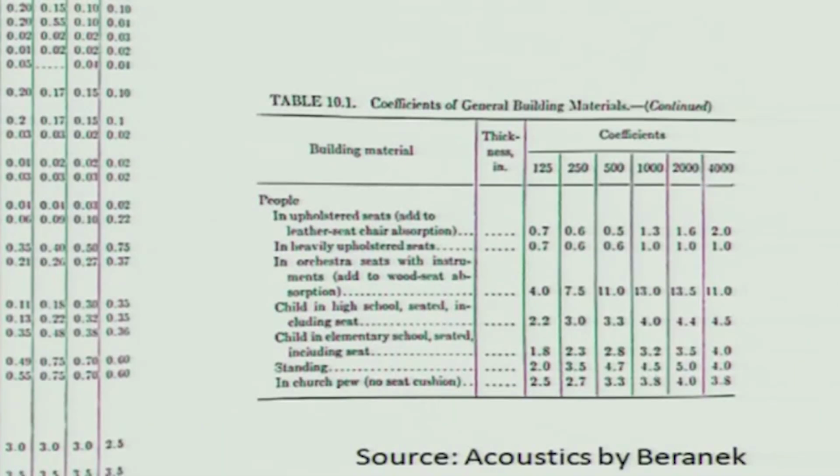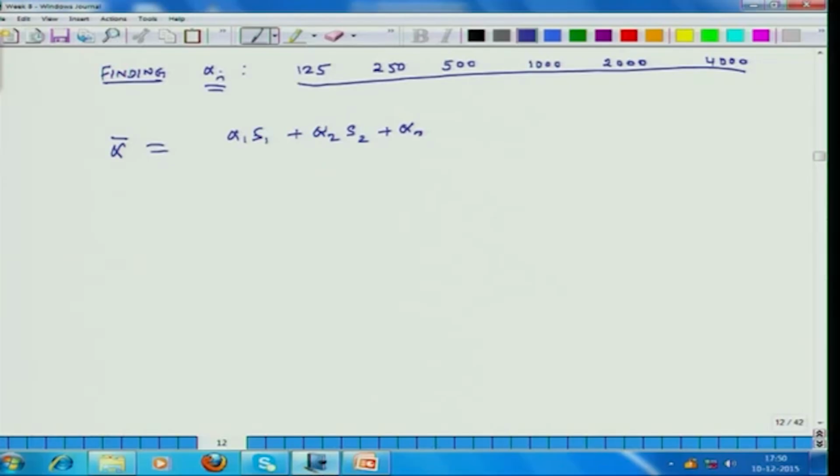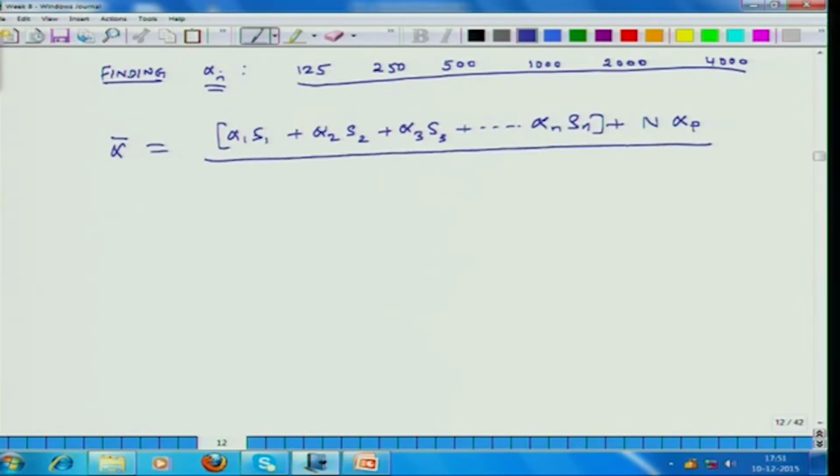It is alpha 1 S1 plus alpha 2 S2 plus alpha 3 S3 and so on, the same as we had seen earlier, plus another term, N times alpha P, divided by S.